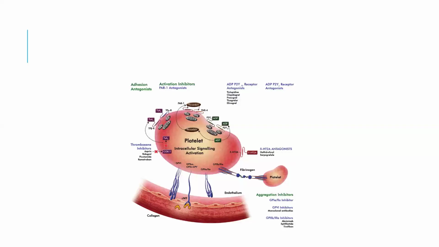And this is very important because the medications I'm going to be describing actually work to block each of these pathways. So the thromboxane pathway, the ADP pathway, and the glycoprotein 2B3A pathway.